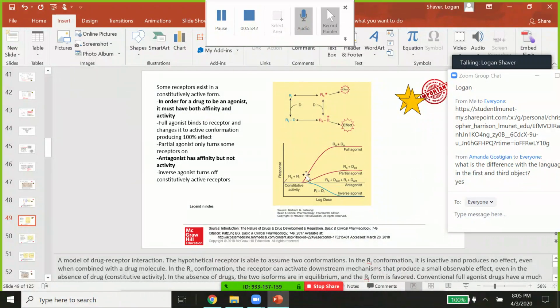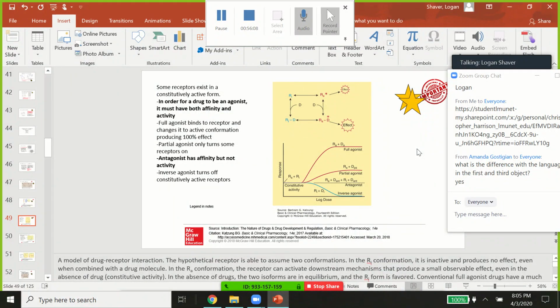So notice that there's a full agonist, right? That would be like A by itself, like we were talking about earlier. But in the case of a partial agonist, if you were to add, say, a substance B that still activates, it goes to the same binding site, so it competes with the actual agonist itself.